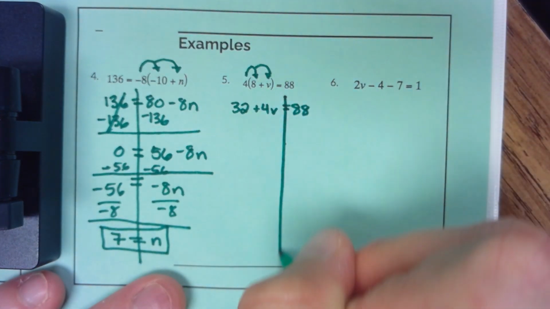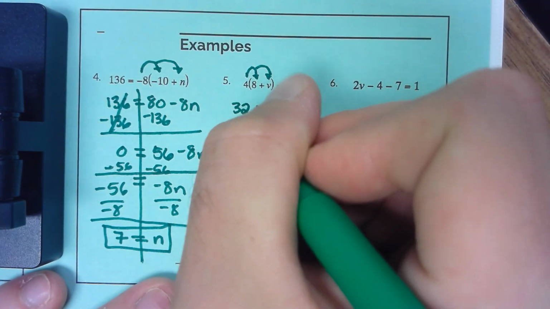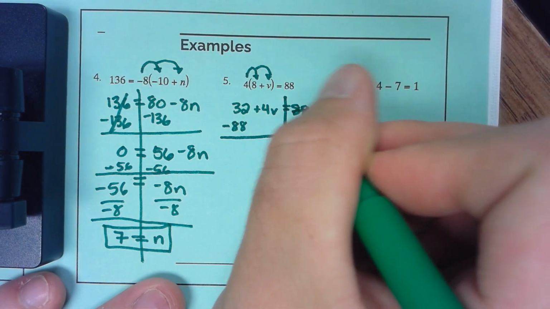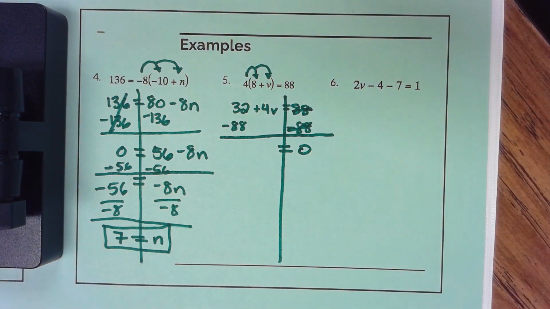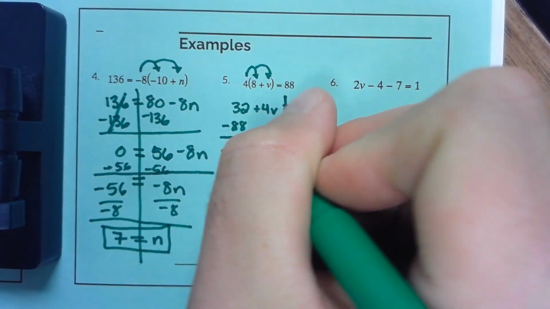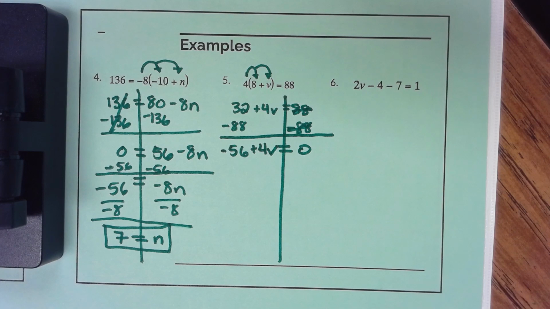Then we'll get our right side to be 0. So minus 88. Minus 88. That gets that right side to be 0. 32 minus 88 would be negative 56. And then plus 4v. I'm going to double check that. Yep.